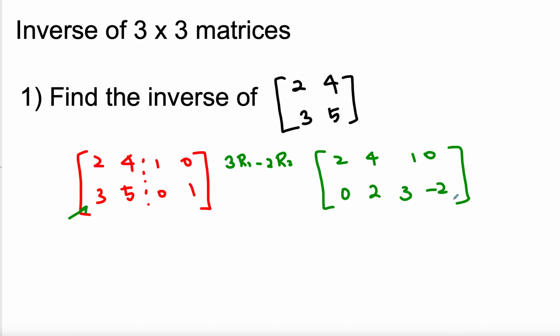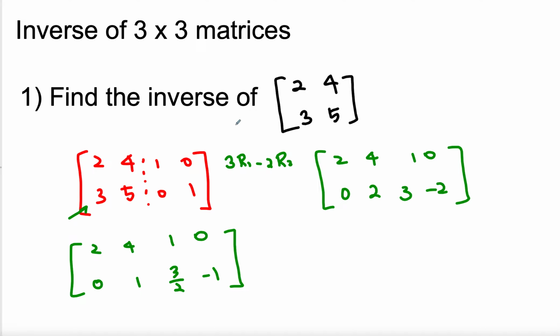Now I want to divide everything by 2, so that this number equals 1. Then what I'm getting is 2, 4, 1, 0, and 0, 1, 3 over 2, and then negative 1. Let's look at the first row now.